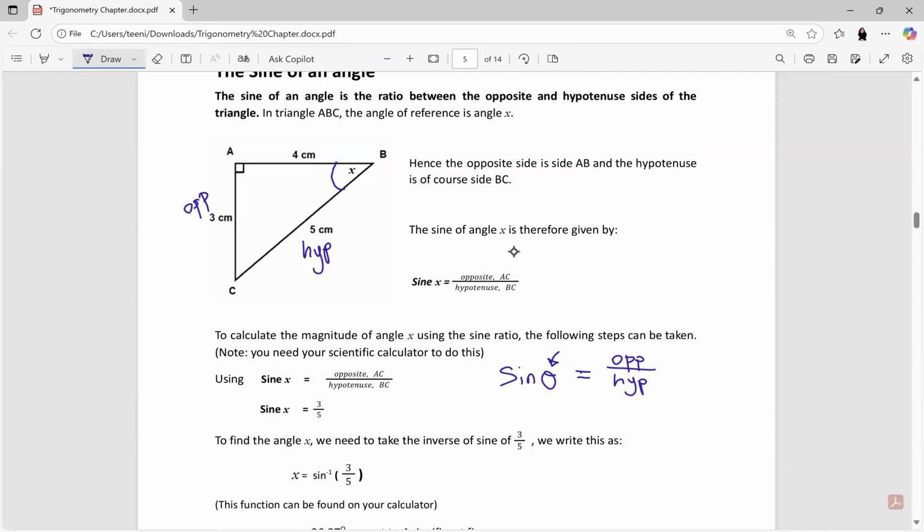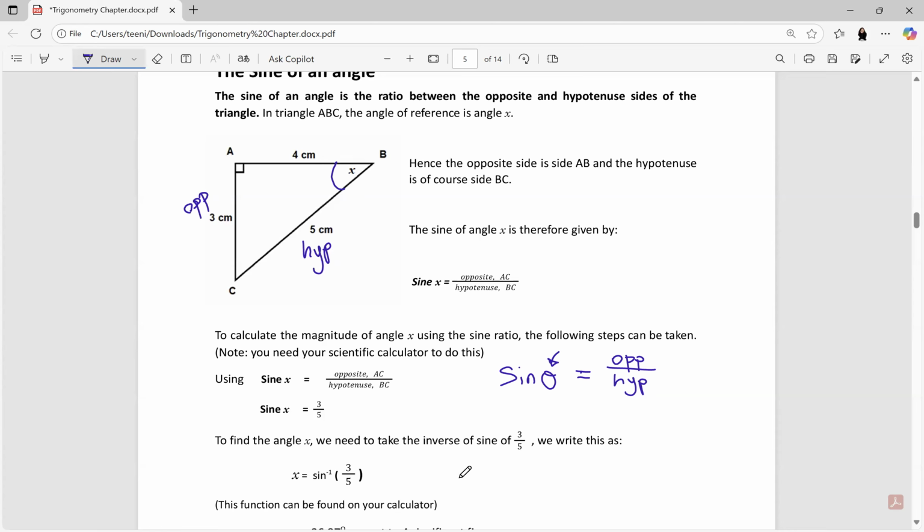The sine of the angle uses the opposite and the hypotenuse. So we write sine x is equal to the opposite, which is 3, over the hypotenuse, which is 5. All right, so that's the ratio. Now, to get what the angle x is equal to, you have to put sine inverse of 3 over 5.